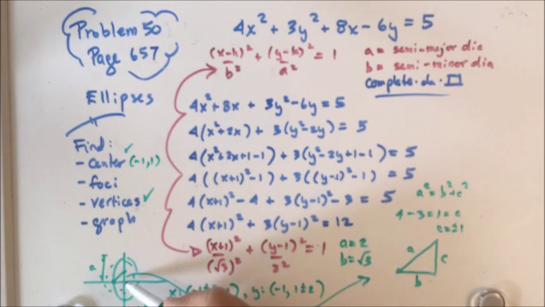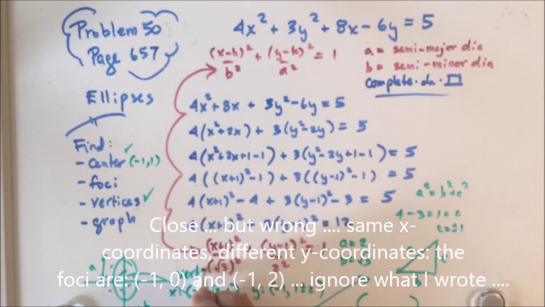If you will, there's a focal point 1 above the center, there's a focal point 1 below, and so the foci have the same y coordinates. Here's the vertices here.